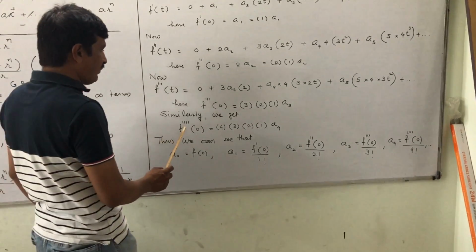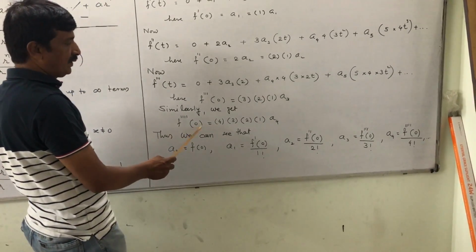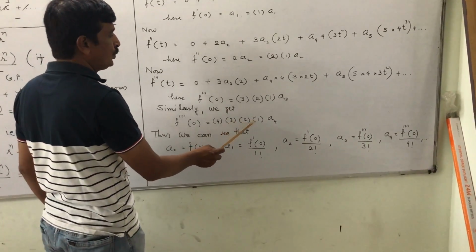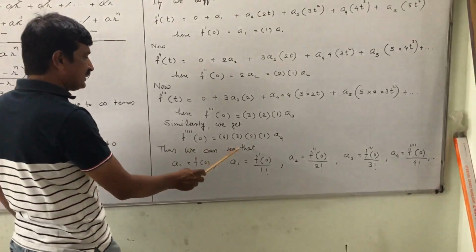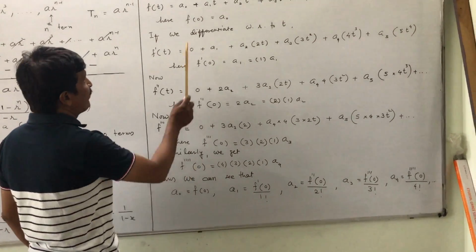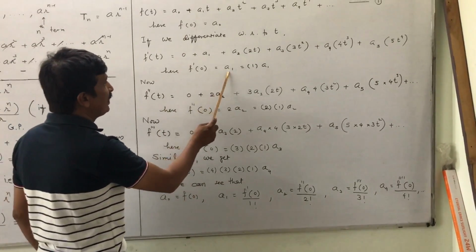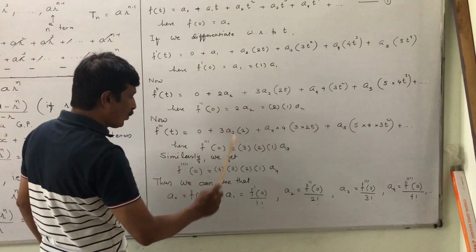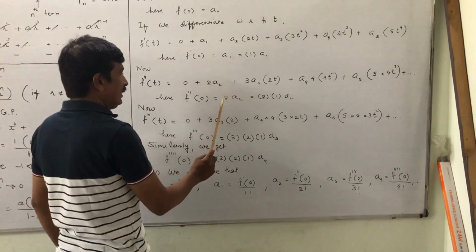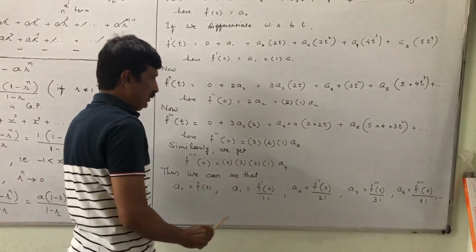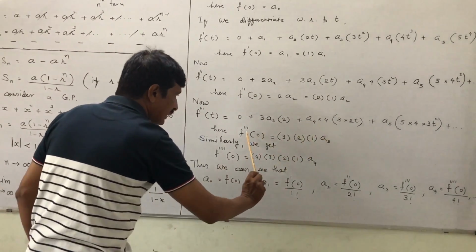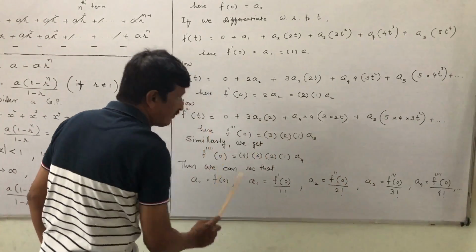Similarly, we get f 4 dash 0, 4 times derivative, we get 4 into 3 into 2 into 1 into a4. Thus, we can see that a naught is f of 0, a1 is f dash 0 upon 1 factorial, a2 is f double dash 0 upon 2 factorial, a3 is f triple dash 0 upon 3 factorial.